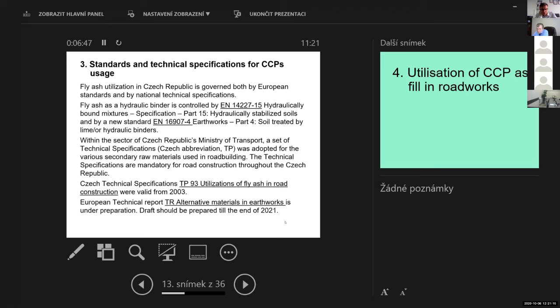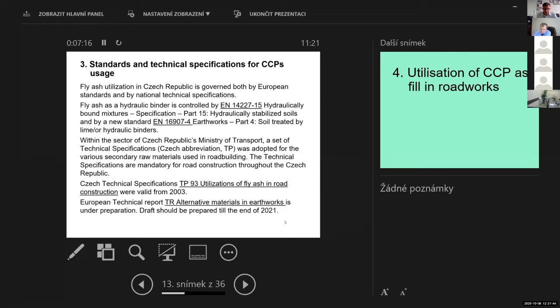And then the soil treatment is according to the European standard 16907-4. Within the sector of Czech Republic's Ministry of Transport, a set of technical specifications was adopted for the various secondary raw materials used in road building. And the fly ash is governed by Technical Specifications 93.